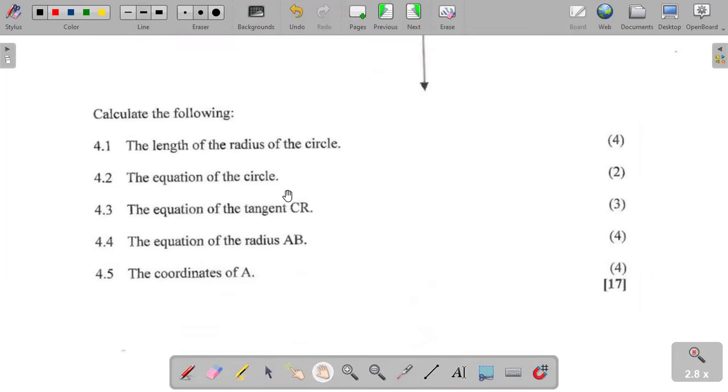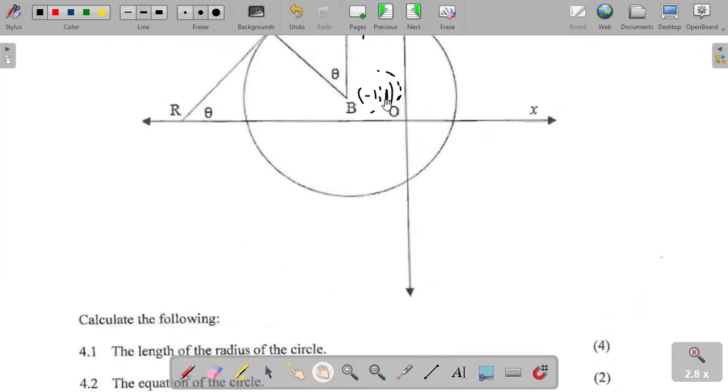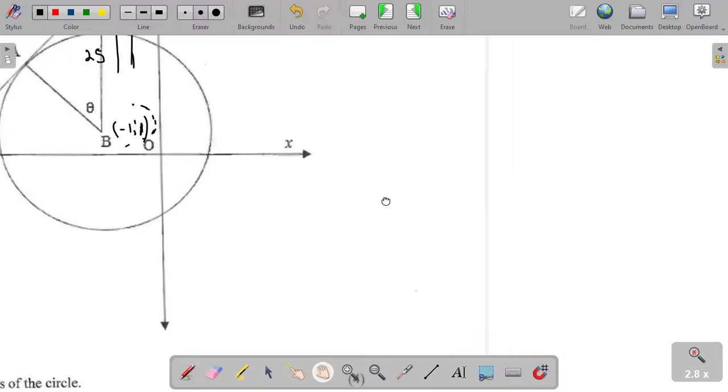Then the equation of the circle. We have the coordinates of the center as -1 and 1, so the x is -1.